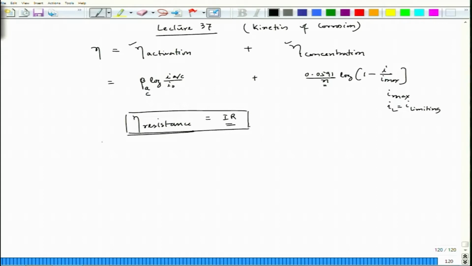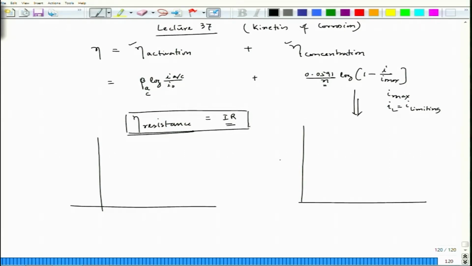If I plot this, the nature of the plot, as we have seen before, would be like this. This is overvoltage, this is log I, and this is the point where overvoltage is 0, corresponding to I0 of that particular metal. The plot will look like this.